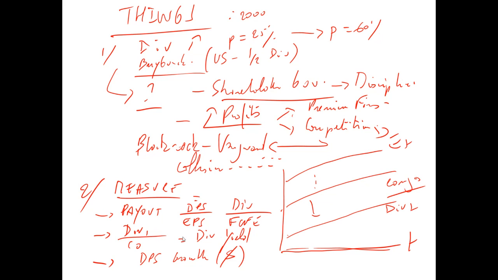So when things are smooth, when earnings are increasing and you pay out the same level of dividend, of course the dividend per share will be smooth as well. So everything will be smooth. Dividend yield will be fixed, payout will be fixed, and dividend per share growth will be stable as well. So everything is stabilized and nice.